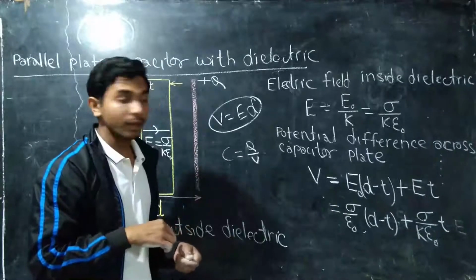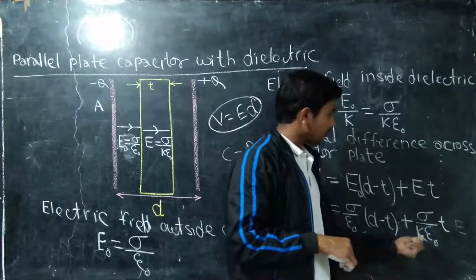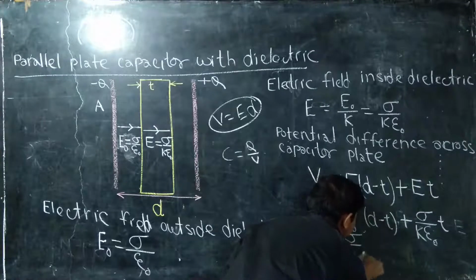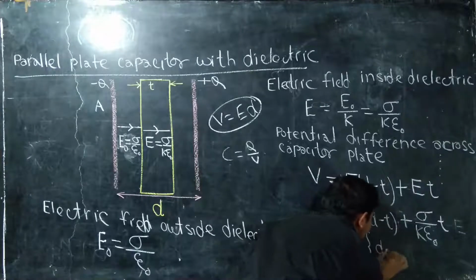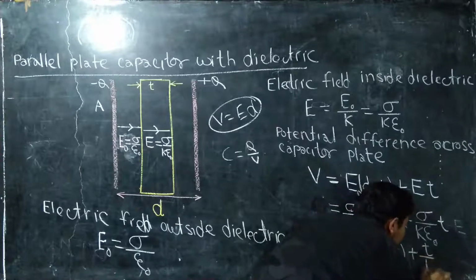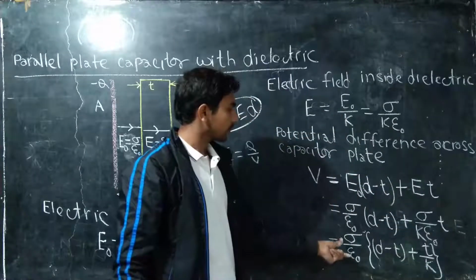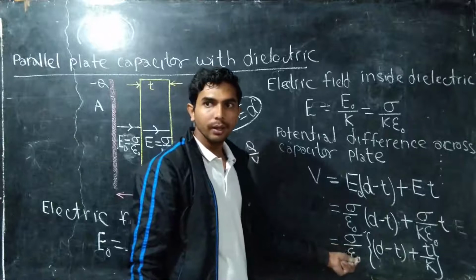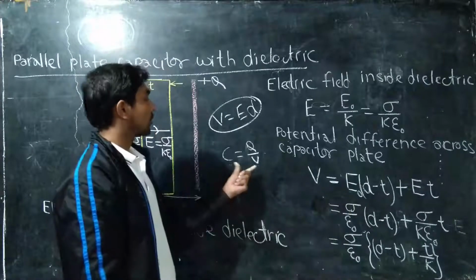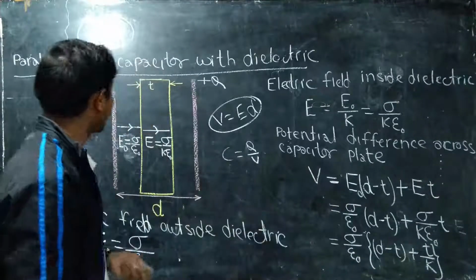Now you can see sigma by epsilon 0 is common, so we can take it out: sigma by epsilon 0, and inside the bracket D minus T plus T by K. So now I got the value of V, right?